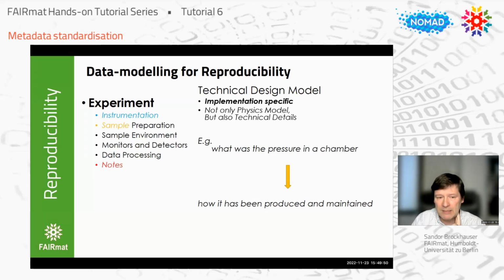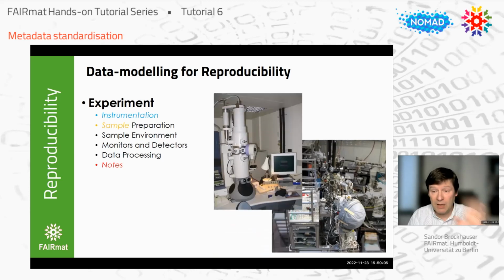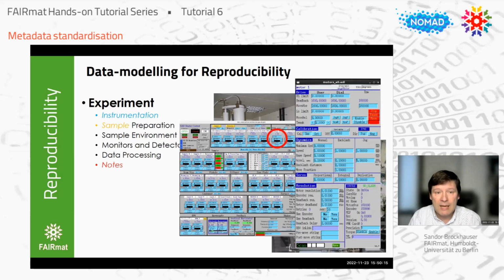And in our experiments, as has already been shown by Heiko, it's difficult. We've got lots of details of our instrumentation, very heterogeneous experiments, and very complex instrumentation we are using. Also the sample preparation is very difficult to follow. You can easily see screens like this when you are controlling your experiments, and behind each of these small boxes, there are thousands of further numbers and concepts.